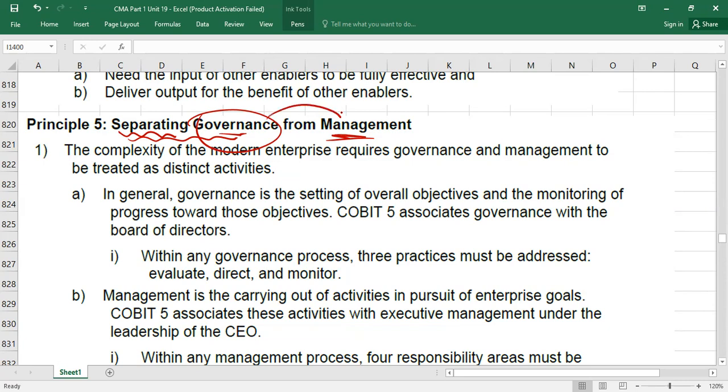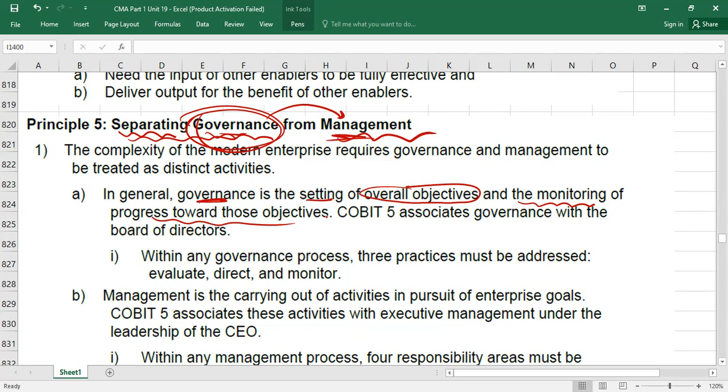Governance should not be mingled with management, because the board of directors are not responsible for day-to-day activities. Management is responsible for day-to-day activities. But you have to ensure governance is separate from management, because governance means the board of directors is setting the overall objective of the business, and they are monitoring. I'm not saying they are doing, they are monitoring the progress towards those objectives.